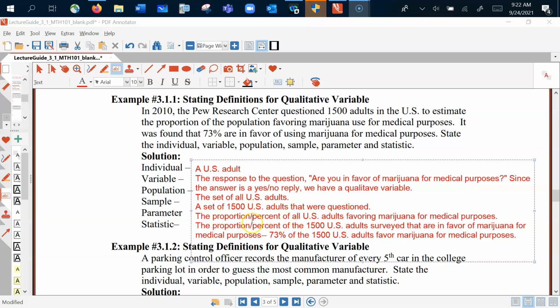The parameter is the percent of all U.S. adults favoring marijuana for medical purposes. The statistic is the percent of the 1,500 U.S. adults surveyed that are in favor of marijuana for medical purposes. In this particular study in 2010, that statistic is 73% of the 1,500 U.S. adults favor marijuana for medical purposes.